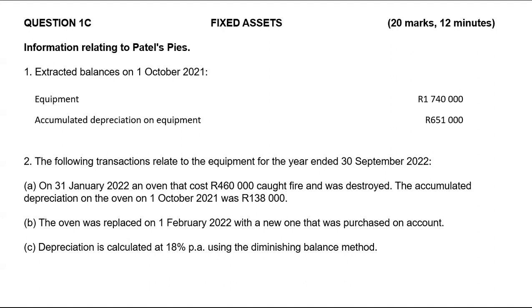The matching principle says that the part you use to generate income must be matched against that income. That's why you need to recognize depreciation, which is a non-cash item, by the way. There's no money that goes out to pay for depreciation. It just devalues your asset.